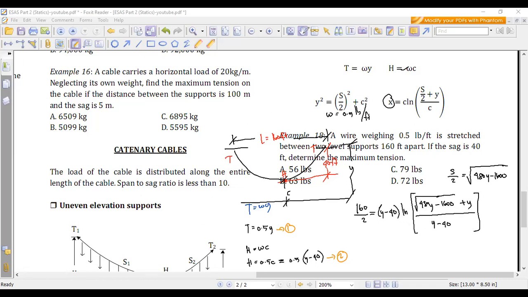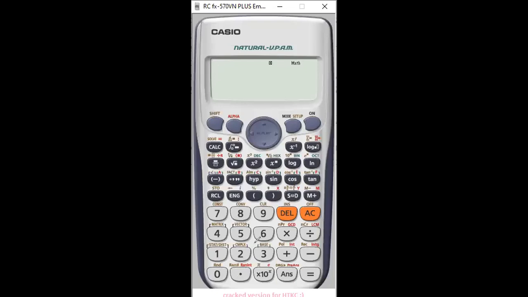Okay, so all we need to do is to use the shift solve function. To use shift solve, I have here a virtual calculator, so we can use the shift solve function.